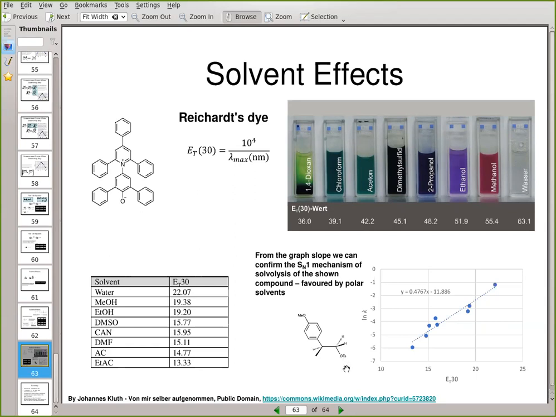In the particular study where they explored this compound, they were able to determine that there was an SN1 mechanism, so loss of that group to form a carbocation in some manner, and that is confirmed from that.